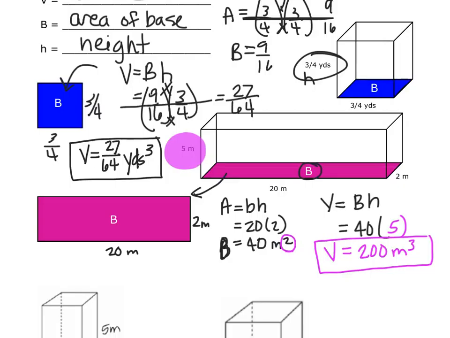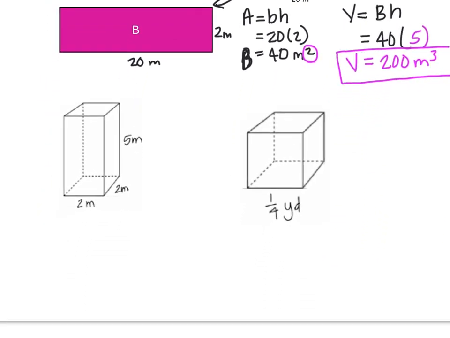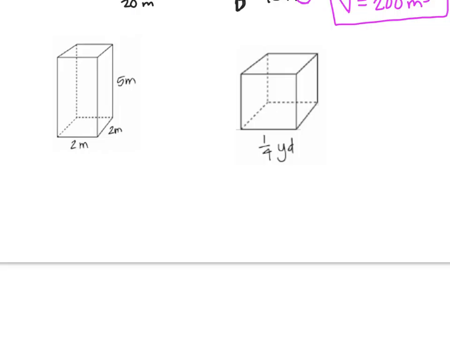All right, so we're going to do some practice problems together, and I'm going to show you a little bit more of a shortcut for this, and it'll look a little bit familiar. We're going to start with this one, and I always start with my formula. Volume equals area of the base times height.